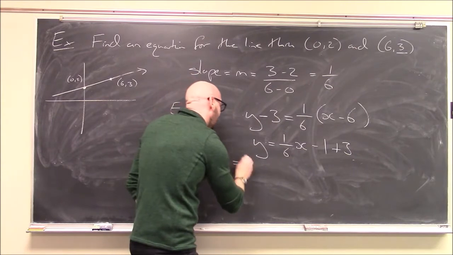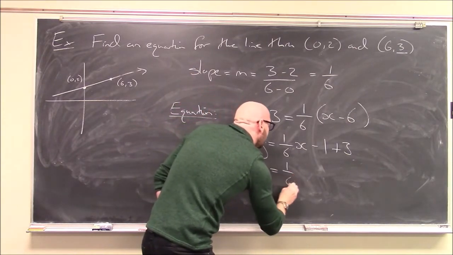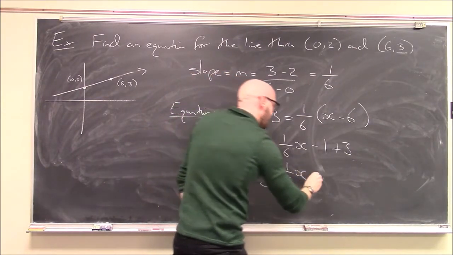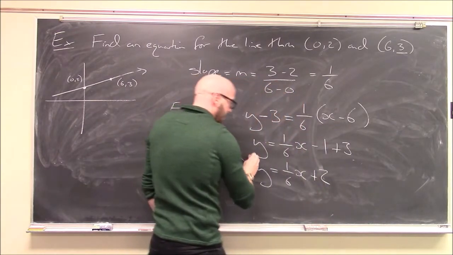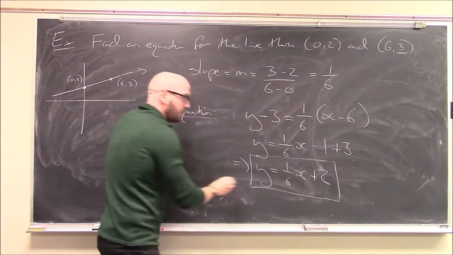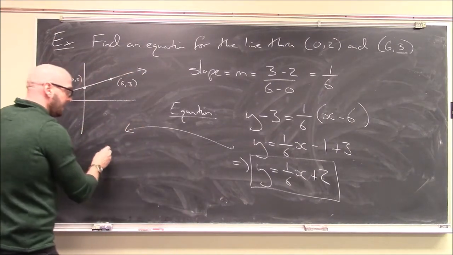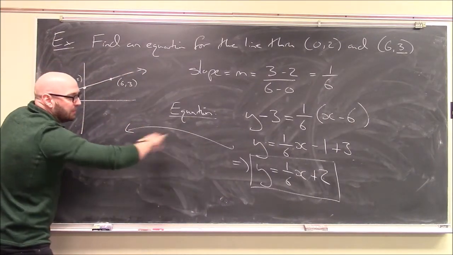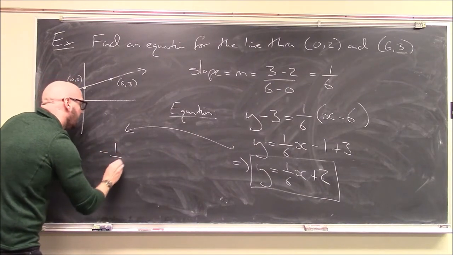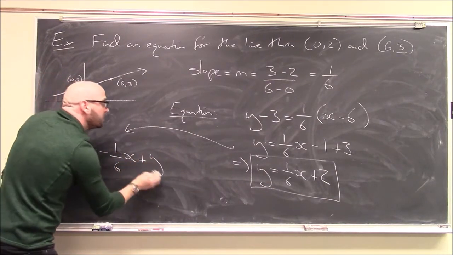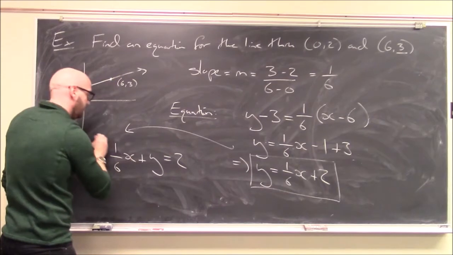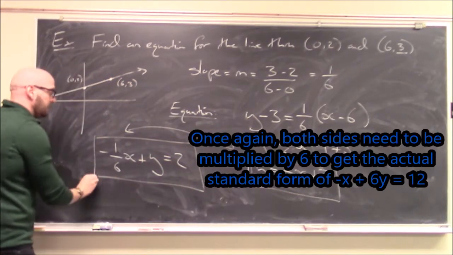So that's y is 1/6 x plus 2. By the way, if it wants point-slope form, there it is in point-slope form. Or if it wants standard form, then just move the x term to the other side. So this is minus 1/6 x plus y is equal to 2. Lots of different forms for the same line.